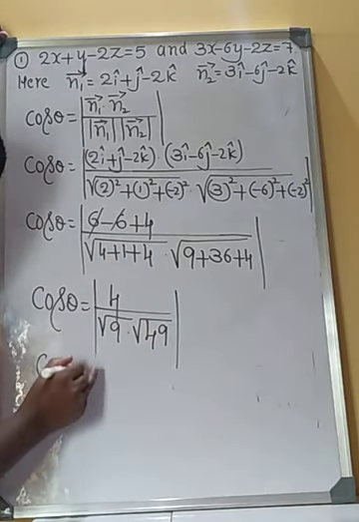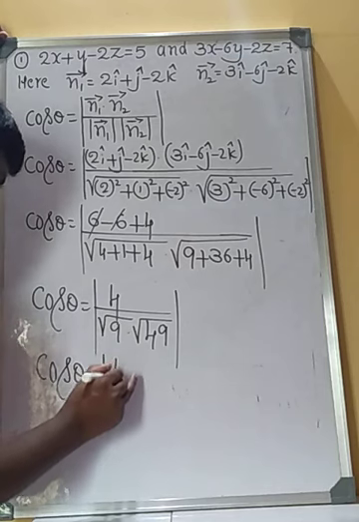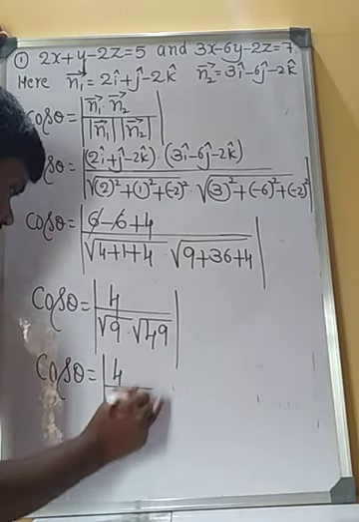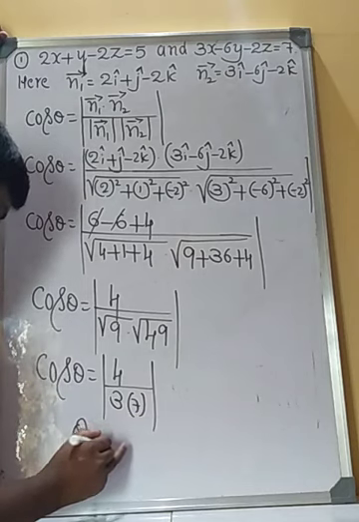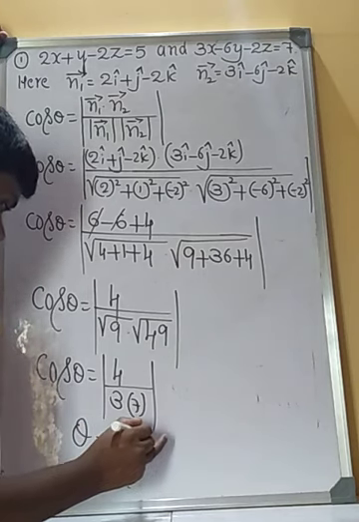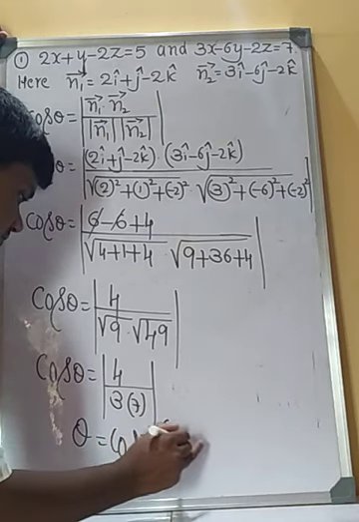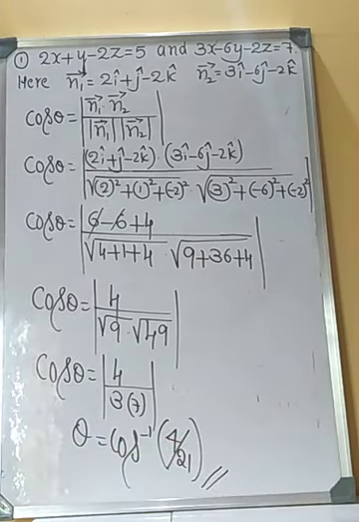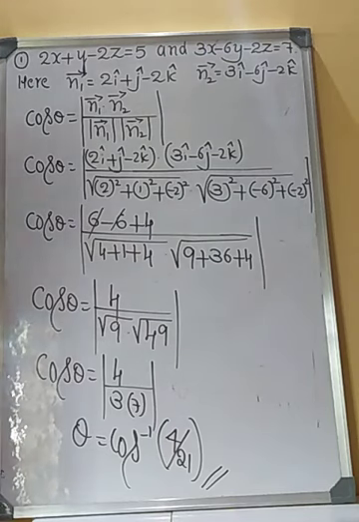Therefore cos theta is equal to 4 by 3 into 7. Therefore theta is equal to cos inverse of 4 by 21.